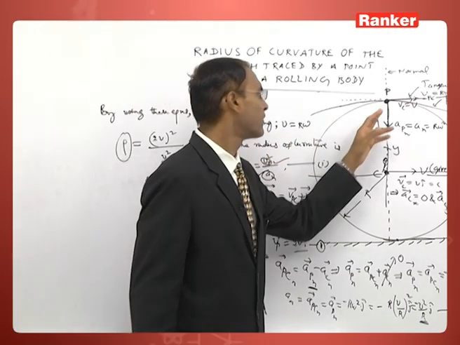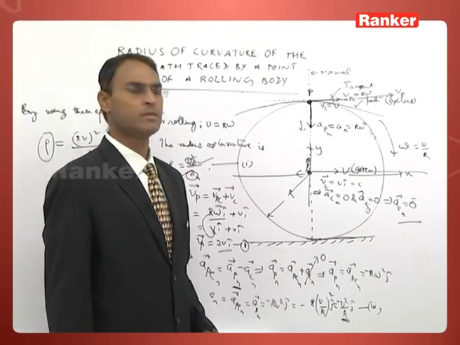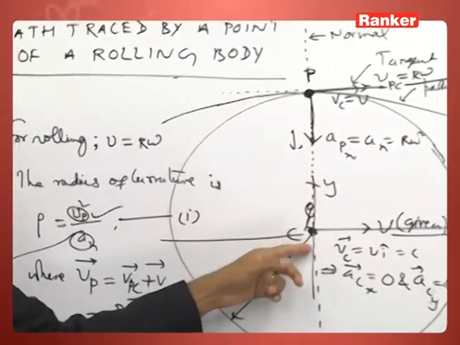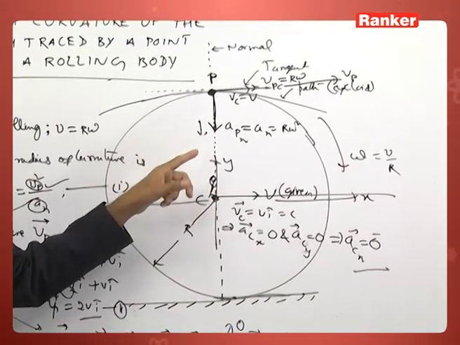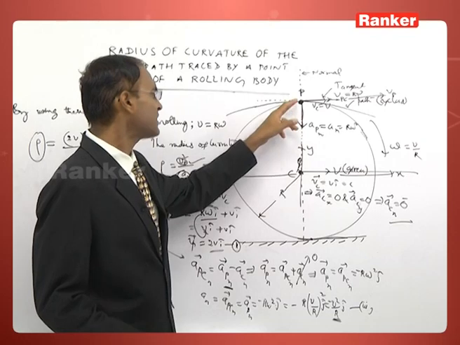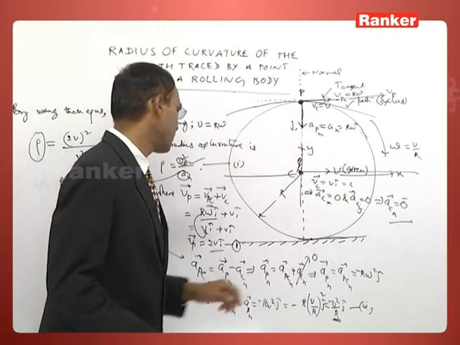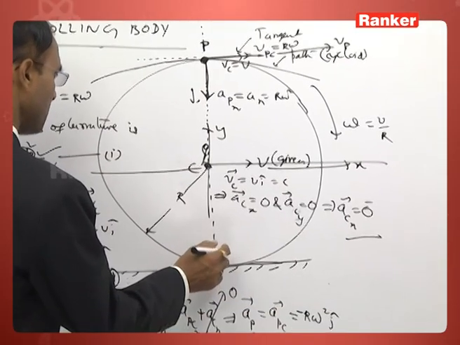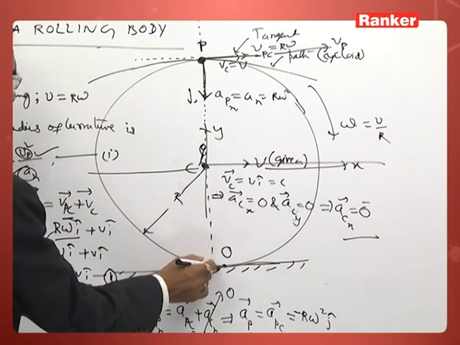Acceleration of this point P is downward, that is equal to v square by r. Acceleration of P with respect to C plus acceleration of C with respect to ground, let it be O. This point is stationary on the ground.